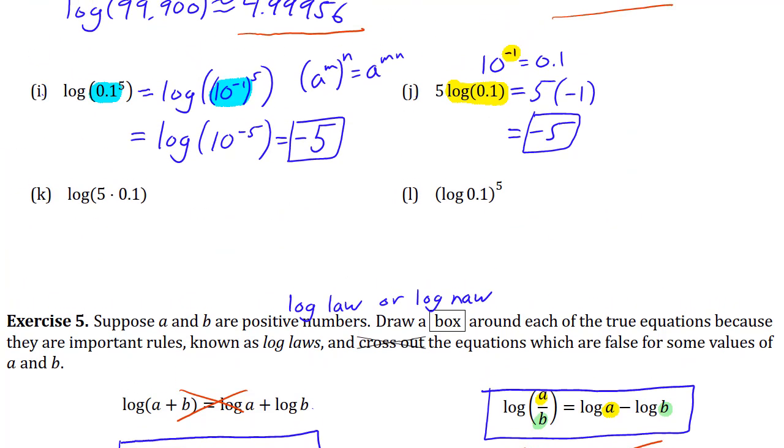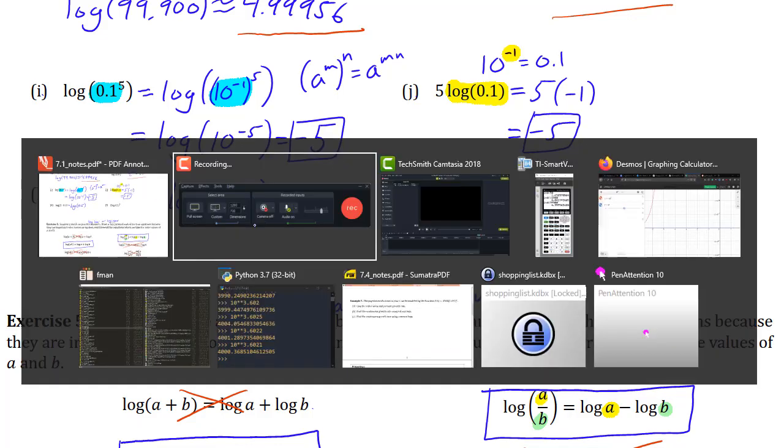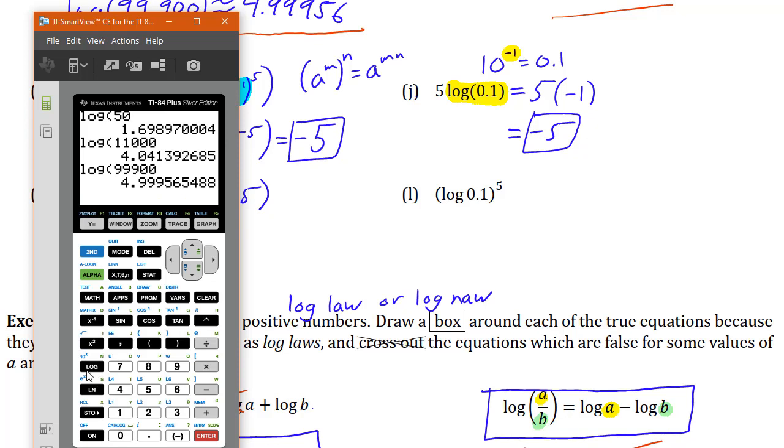Now let's see some other things that might work out differently. If you just have log of 5 times 0.1, that would just be log of 0.5, and does that come out to anything nice?